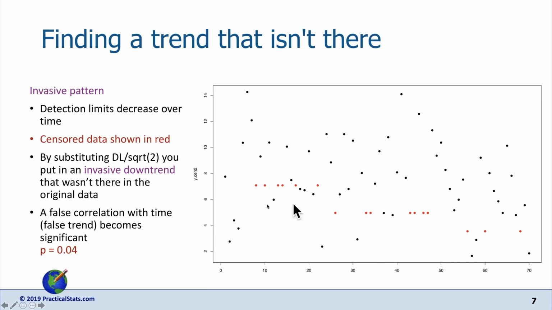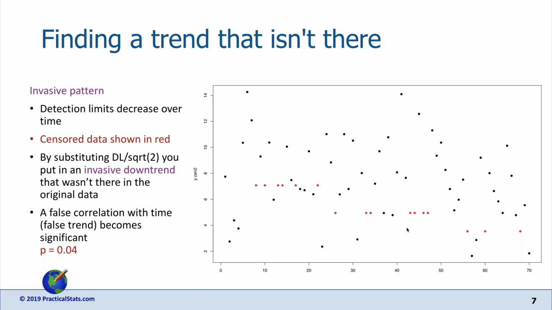One of the classic cases of finding a downtrend in particular is when you have non-detects and you stick in something like half of the detection limit, or whatever your favorite fraction is, and that goes down over time. That has nothing to do with whether the original data in the stream or the aquifer or in the soils goes down over time.